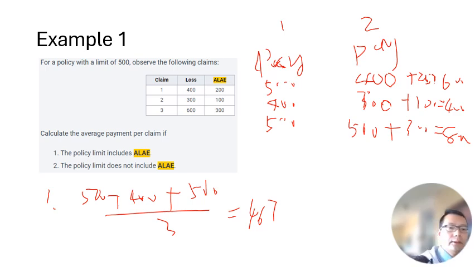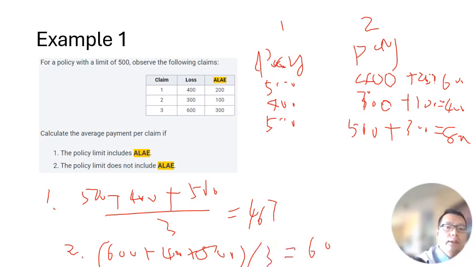So in the second case it is 600 plus 400 plus 800 divided by 3, which gives you 600. So this is the difference between includes ALAE and does not include ALAE.